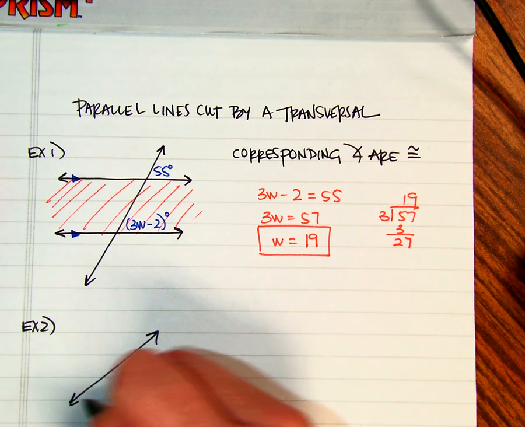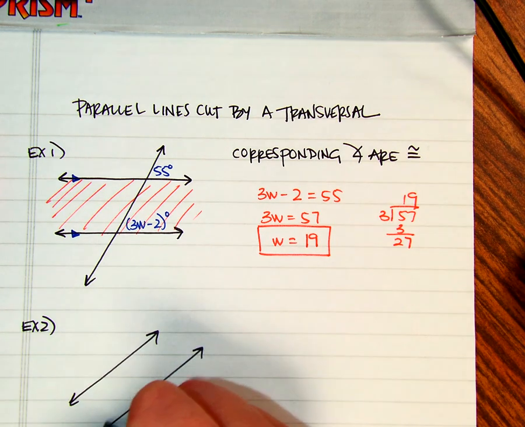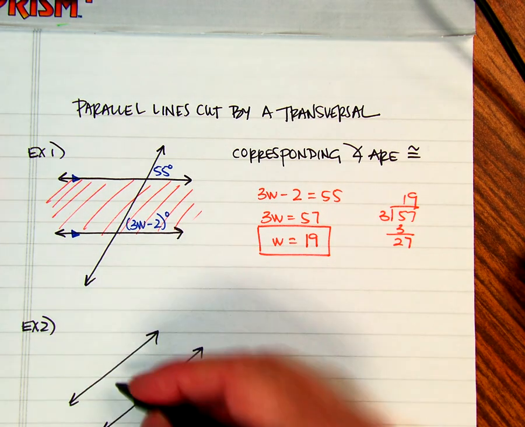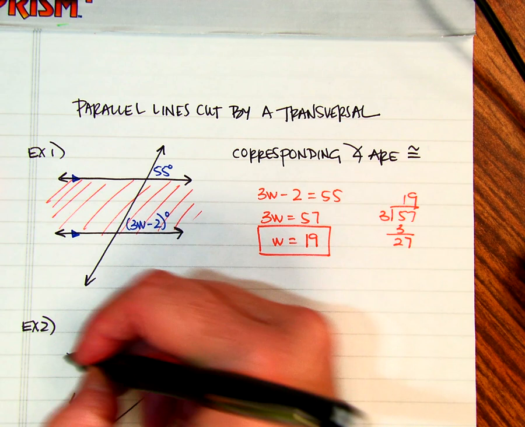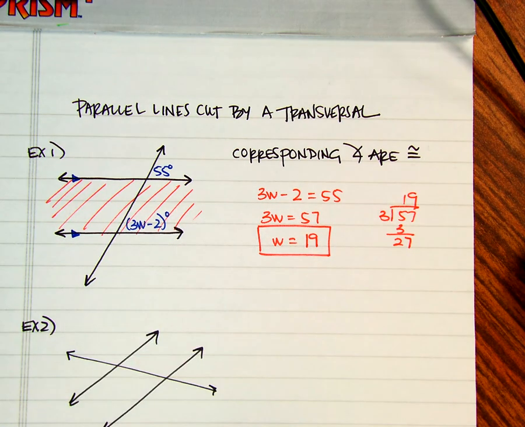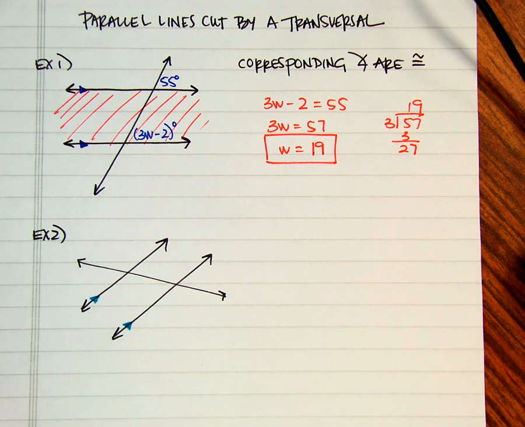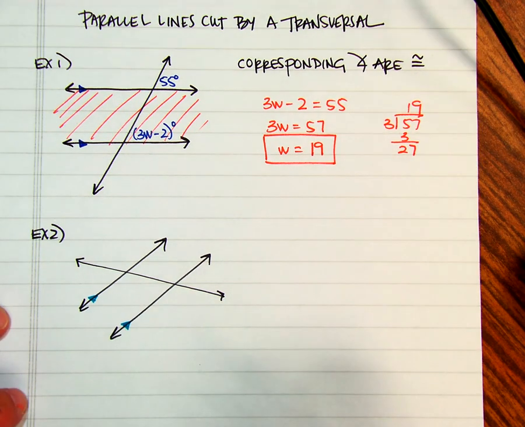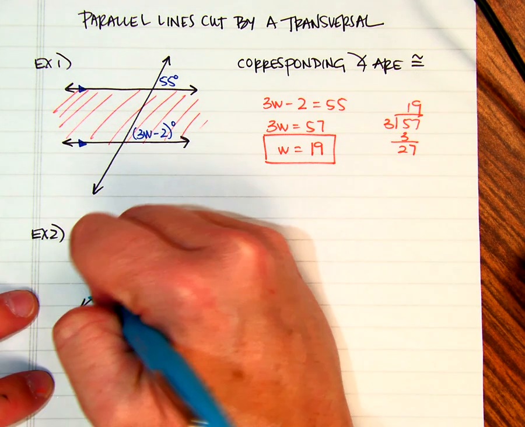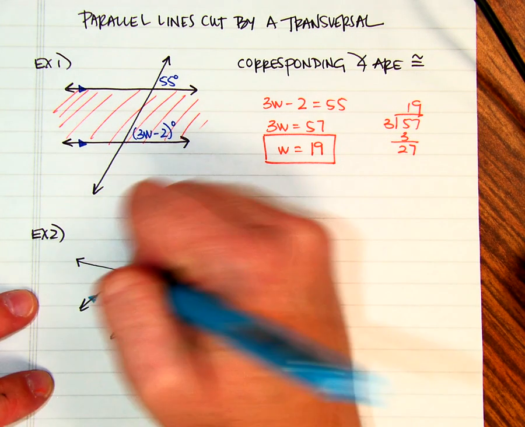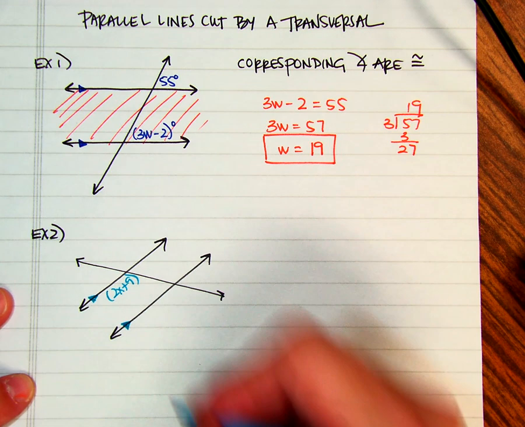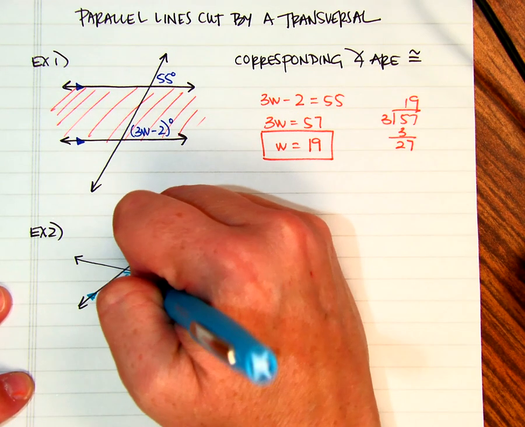So again, we have a set of parallel lines cut by a transversal, and I know that they are parallel because we have the little colored triangles on there. Then we have 2x plus 9, and we have 111.